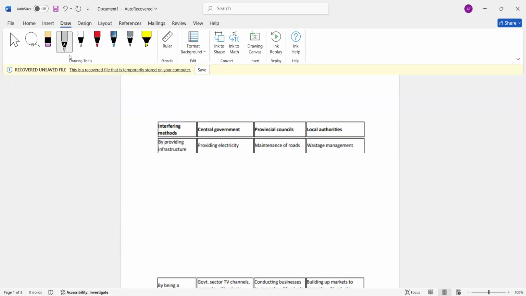We have to turn this on, but it's not working. There is a new feature where when we write, it is converted into text, but it's not working. I'll check it later. All right.